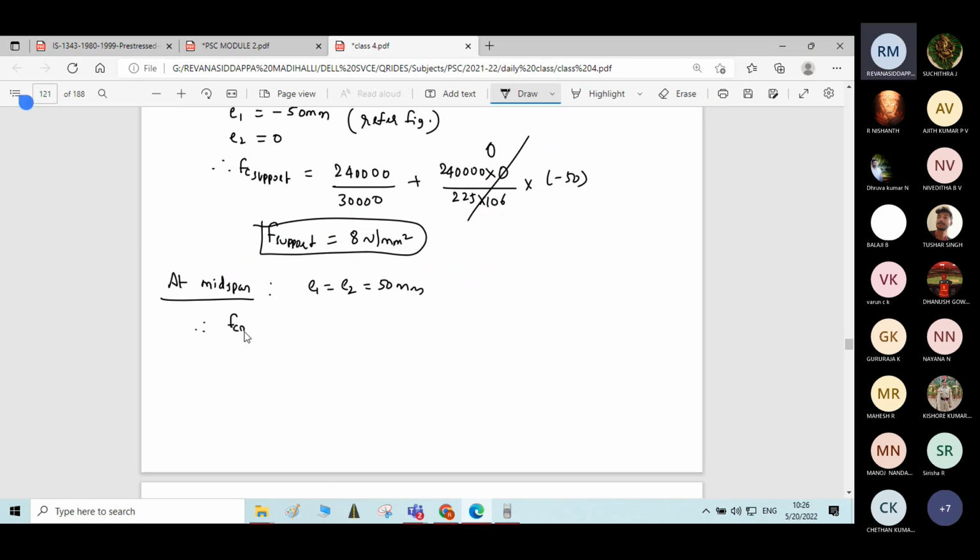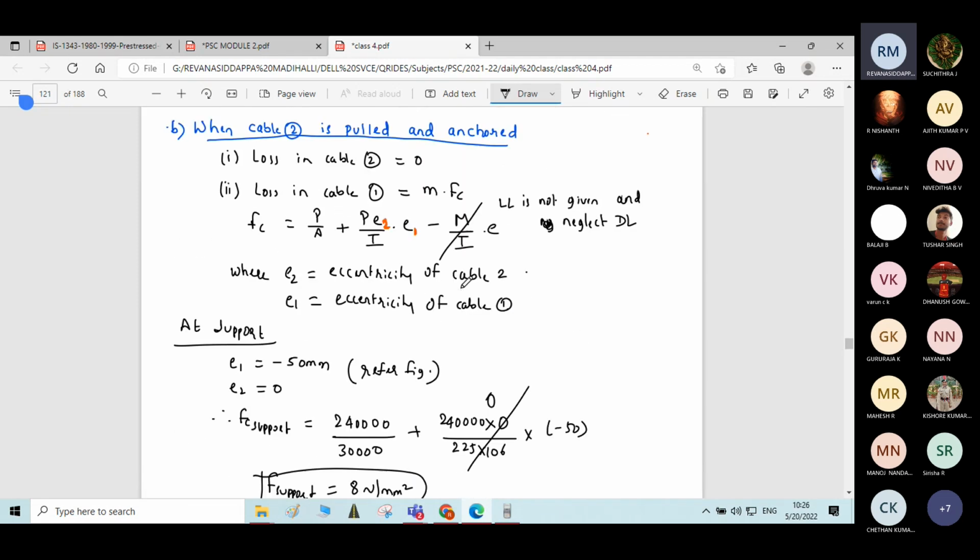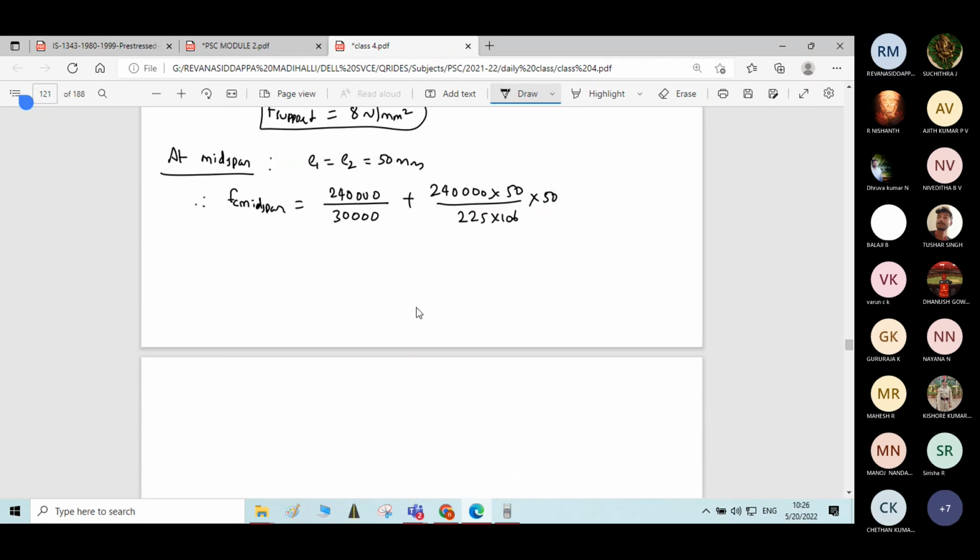Therefore, FC at midspan is equal to the same 240,000 divided by 30,000 plus 240,000 into 50 divided by 225 into 10 power 6 into 50 into 50. The next term is 0. So you will get FC at midspan equal to 10.67 Newton per mm square.